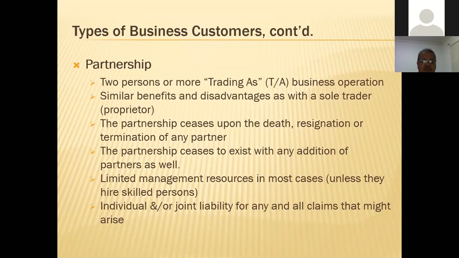In the case of 2 persons, it's not always 50-50. Some people may have put in 55%, some may have put in 45%, okay? But the bank should not be concerned about going after them in terms of their capital injection. We want to go after them in the individual capacity, and we want to go after them in their joint capacity, because we're looking at the partnership as one borrowing individual, okay?